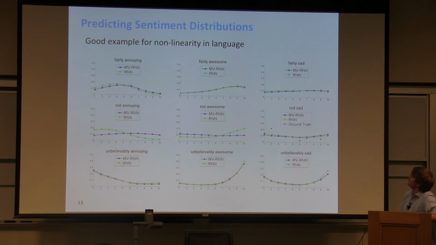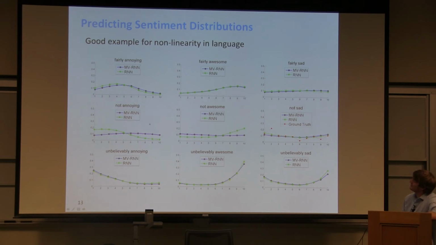All right, so fairly awesome, attenuates awesome a little bit, but still quite positive, and fairly sad, relatively flat. Now where it gets interesting and where the RNN kind of broke down, and that gave us a lot of intuitions of why straight up recursive neural networks might not be powerful enough, is exactly the question that you raised, which is for paraphrase detection, should it really be able to change entirely what the direction is?